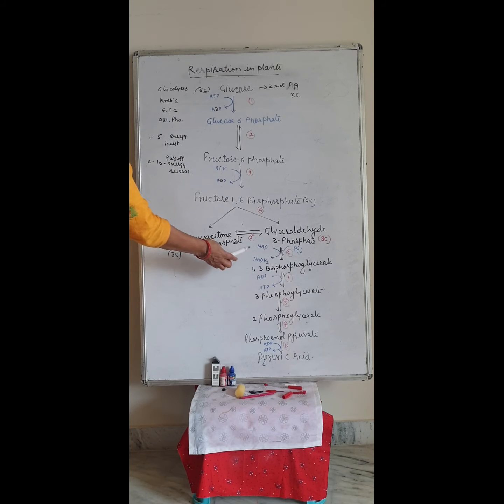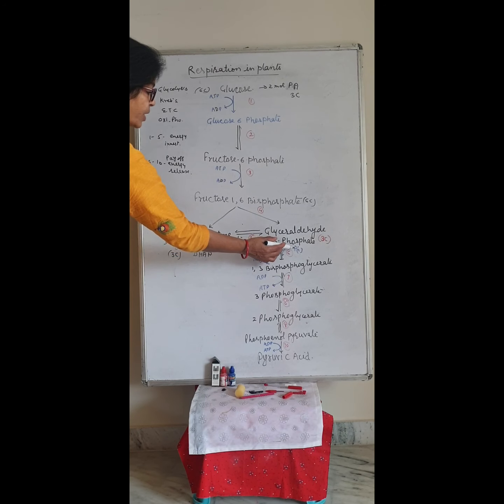Now the glyceraldehyde is converted into 1,3-bisphosphoglycerate. NAD is converted into NADH. When the glyceraldehyde is converted into acid, hydrogen is released. That hydrogen is picked up by NAD. So NAD is converted into NADH2, and in the 1,3-bisphosphate there are now 2 phosphates. From where have they come?